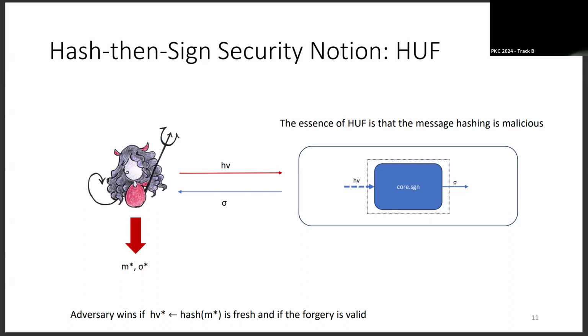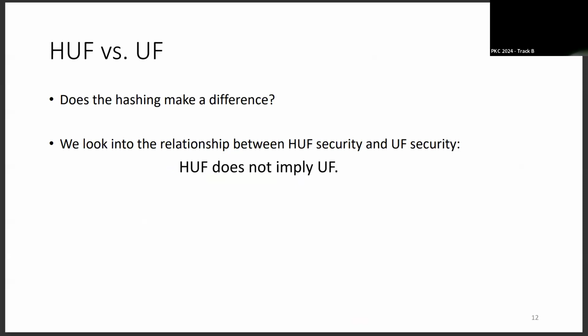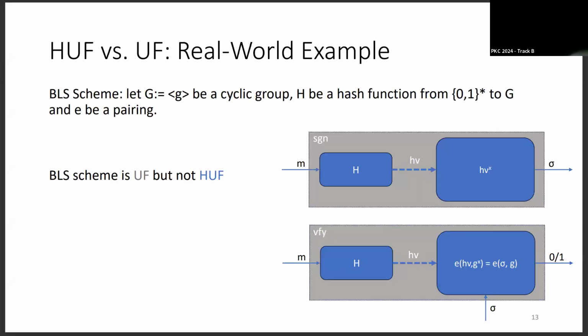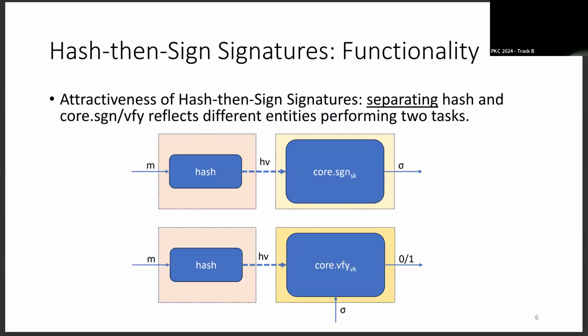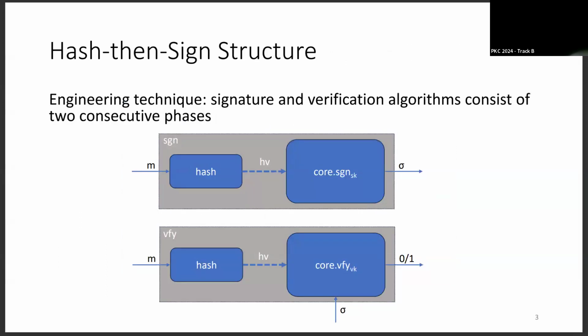Sorry, I mentioned earlier the implication of UF and HUF. I meant that UF plus collision resistance implies HUF. You mean the UF of the core component? UF of the full scheme. Of the full scheme. So basically this, the gray box here.